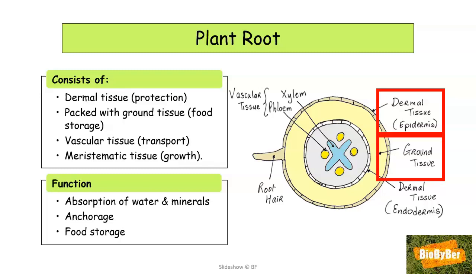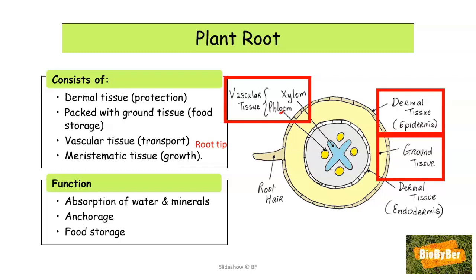We've already learned that the root is composed of vascular tissue or transport tissue, xylem for transporting water and minerals, and phloem for transporting food. Don't forget O in phloem, O in food. And lastly, we would have seen that there is meristematic tissue at the tip of the root which allows for growth.